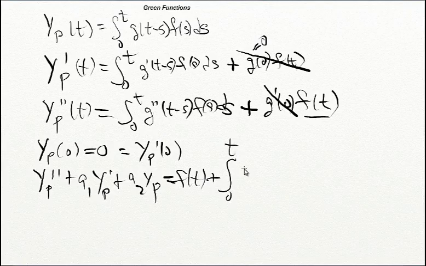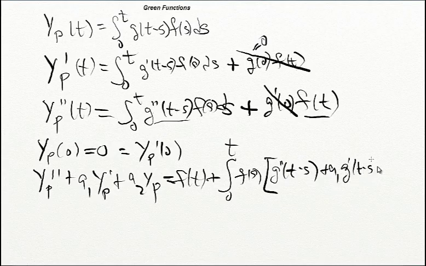There will be an f of s common, and then the three terms give me as follows: g double prime of t minus s, that's from here, plus a1 g prime of t minus s, that's from here, plus a2 g of t minus s, ds.